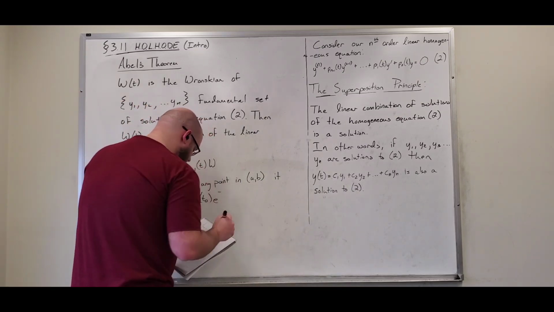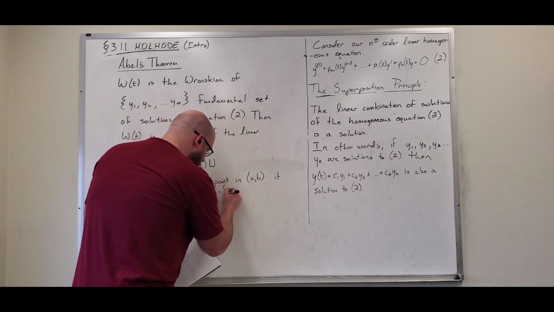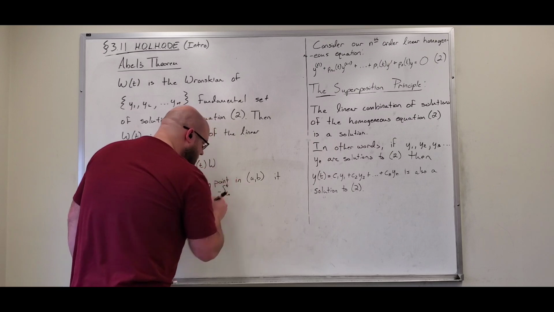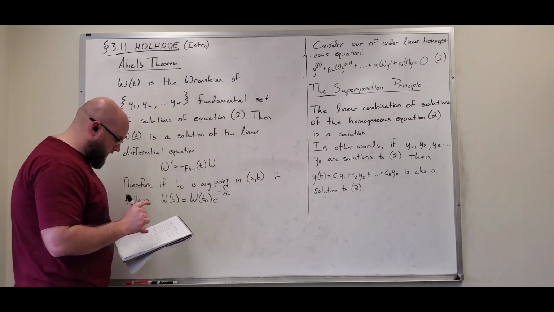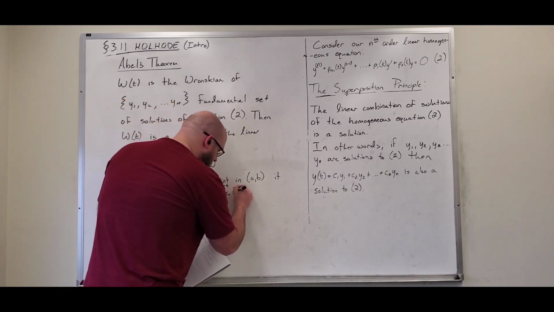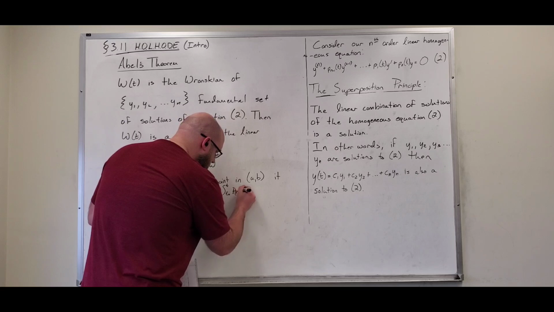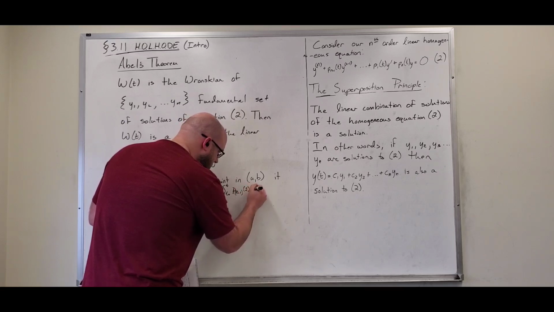E to the negative, now this is going to be a little bit different, the integral from our initial value to t, there's a reason why I'm putting t here, of p sub n minus 1 of s ds.